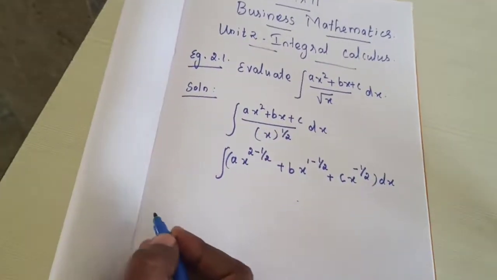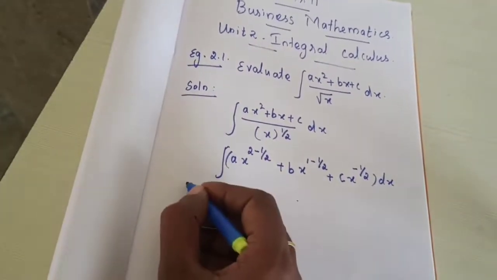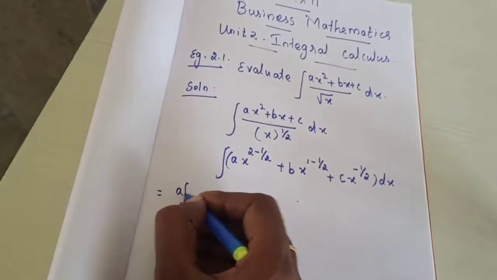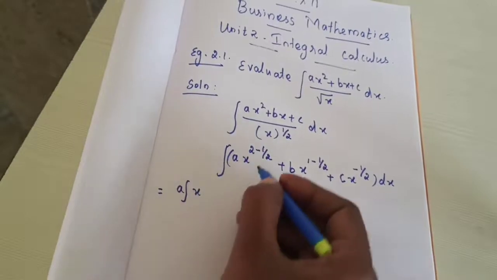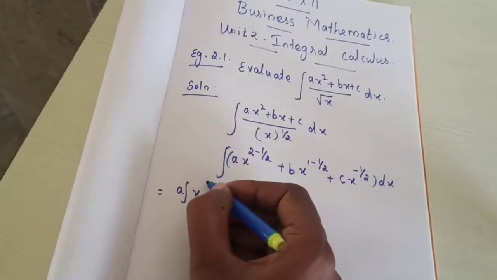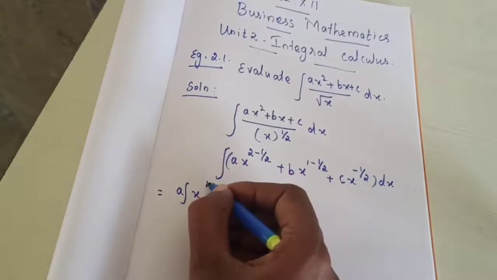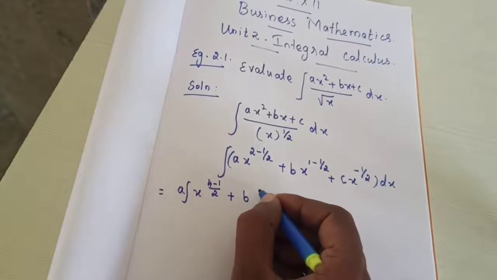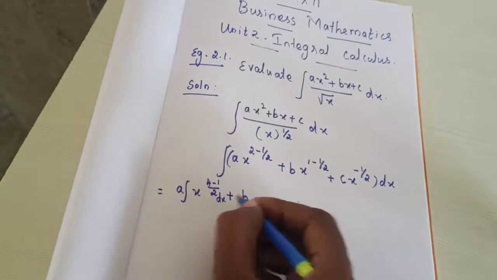Yes, now we are going to separate each and every term. Integral, we will take the constant outside. So a into x power, what's the LCM here? 2 is the LCM, so 2 into 2 means 4, 4 minus 1 by 2, plus b you take outside, into dx. We are splitting.